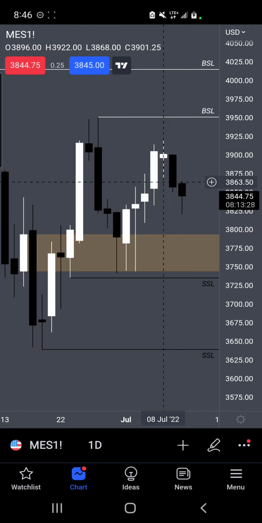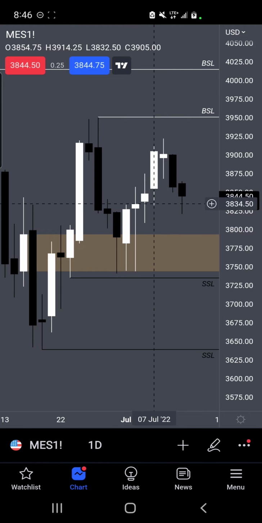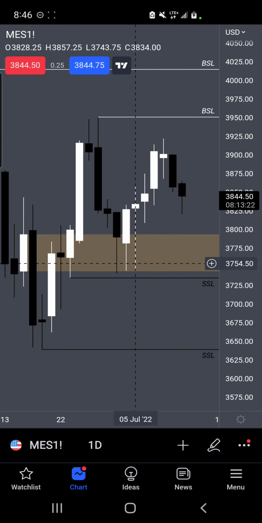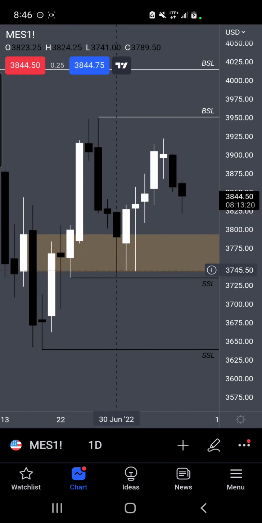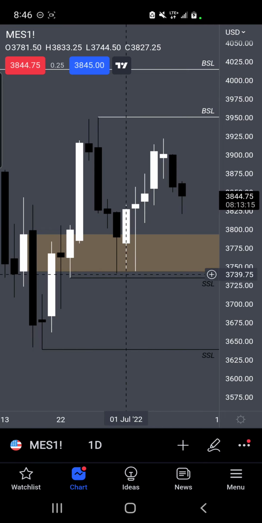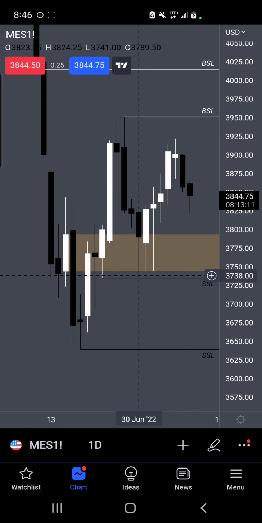We took out this day's low and this low, so the next target would potentially be this day and then these lows, but I'm watching these lows because that's three equal daily lows. That's a lot of liquidity. Yeah, I'm mainly just watching that area.